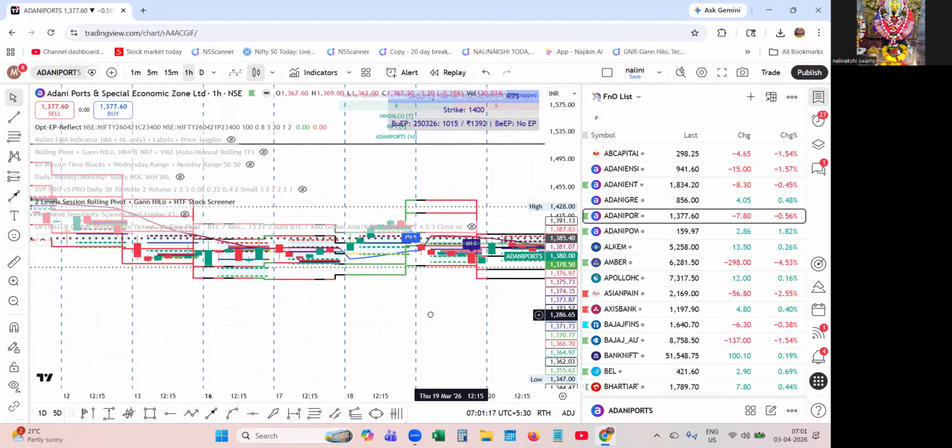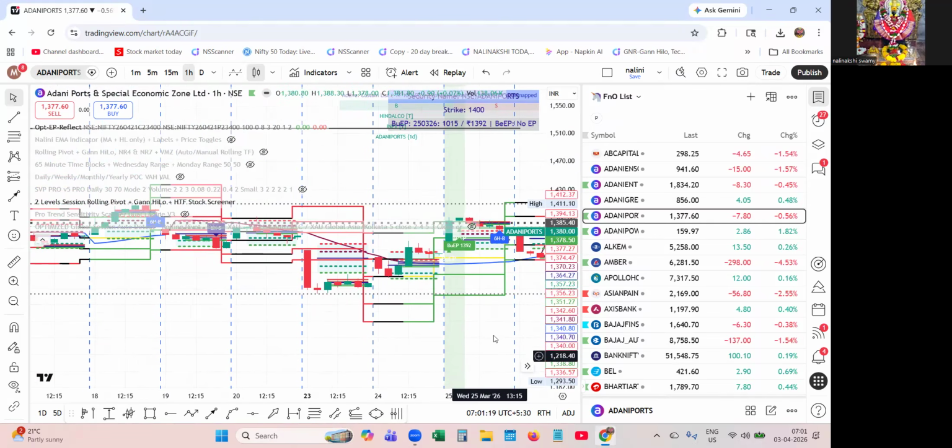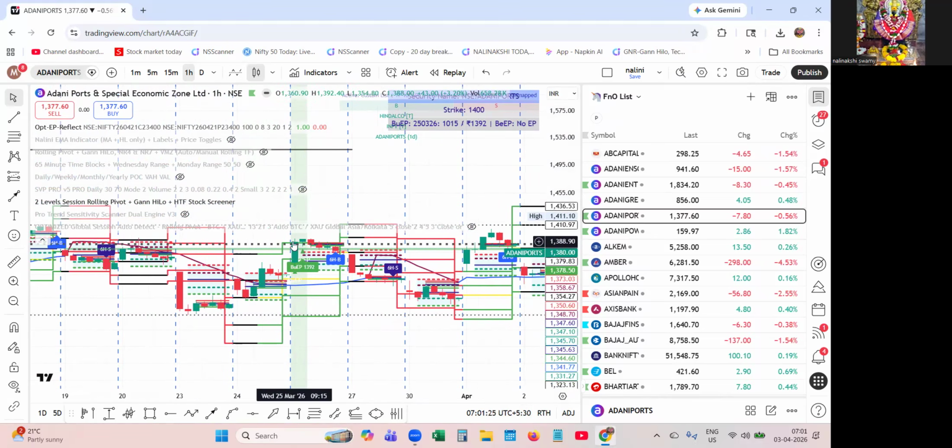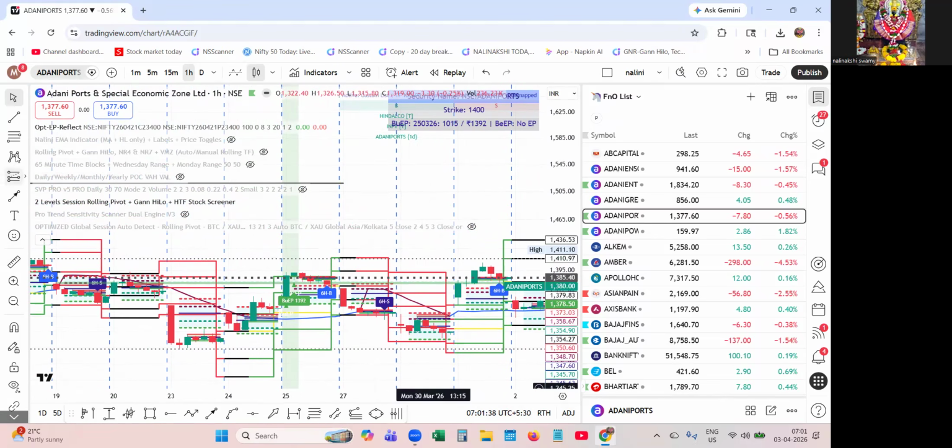It was triggered at 1388. Right, friends? The level it is giving is 1392. Let me mark this: the bullish EP has been triggered and a roller coaster ride is happening.